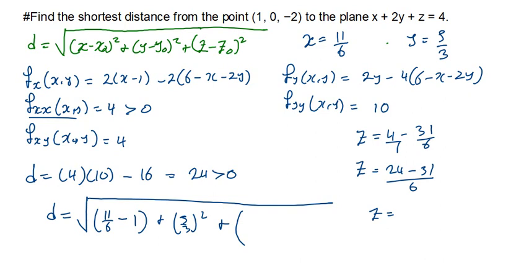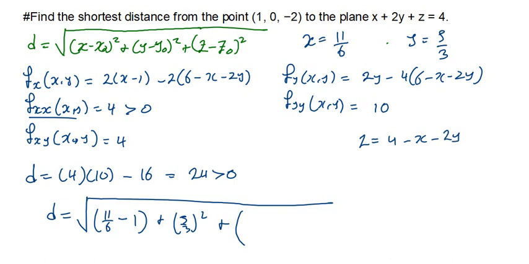Maybe we don't need to waste time to find what our z is, because we said our z was equal to 4 minus x minus 2y. So our z is equal to, which is similarly the same thing anyway, 4 minus 11 over 6 minus 10 over 3 minus, I'm supposed to say minus the z, which is a negative 2, but I'll say plus 2.